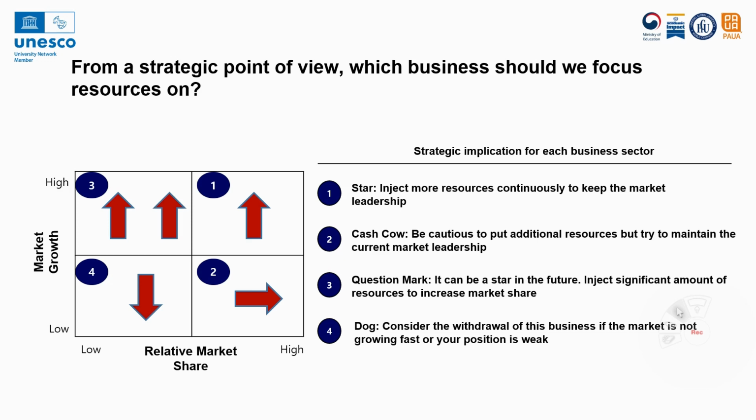You are still a leader in this market, so you can just inject resources as long as you can keep the market leadership. Even in the cash cow area, you are still a market leader, but you'd rather not put a lot of money in the cash cow areas because the market is not growing.